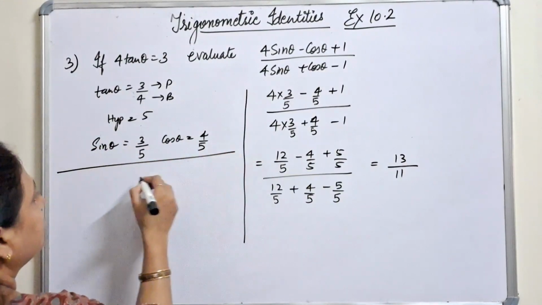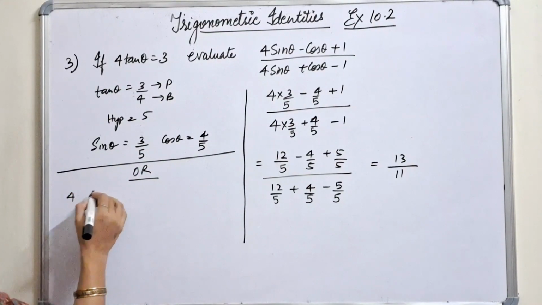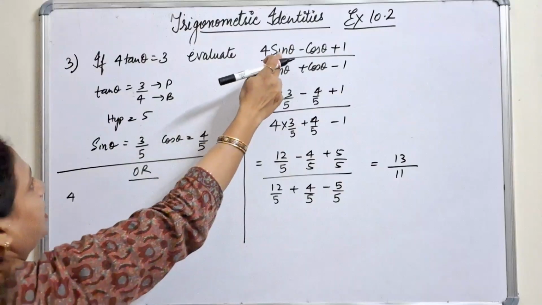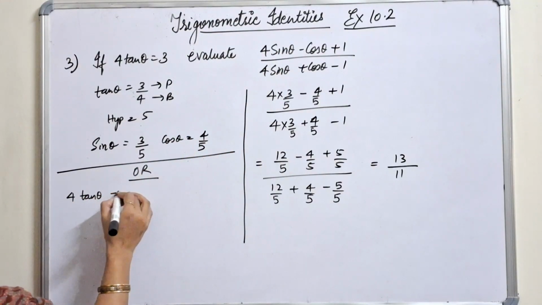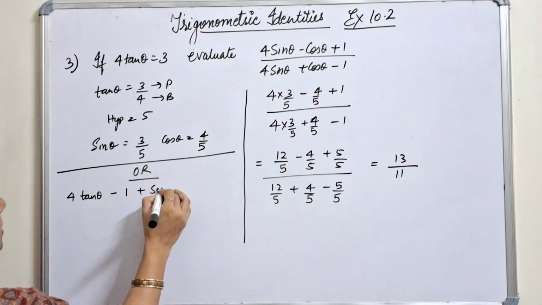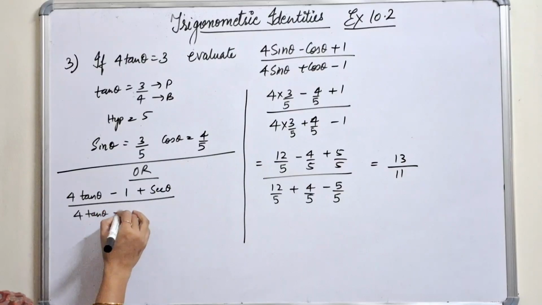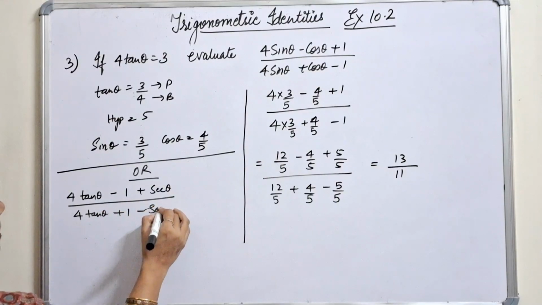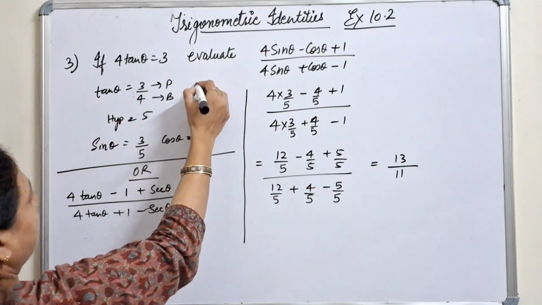Or you can do in another way, dividing the numerator by cos theta. So sin theta upon cos theta, this will change into (4 tan theta minus 1 plus sec theta) whole upon (4 tan theta plus 1 minus sec theta). So I require the value of sec theta over here.